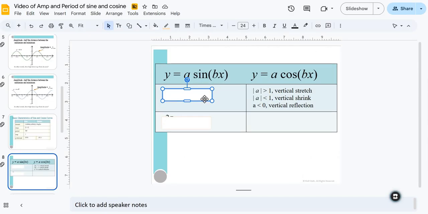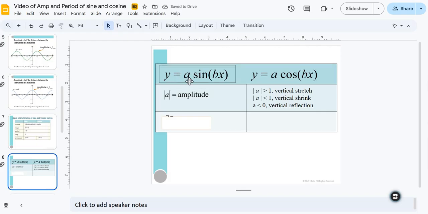So we can come back to our notes here, and we can delete this box. And we can say that again, this a value is going to vertically stretch or vertically shrink. Basically, the absolute value of a is what our amplitude is. Also over here, we can note that if a is less than 0, there will be a vertical reflection.